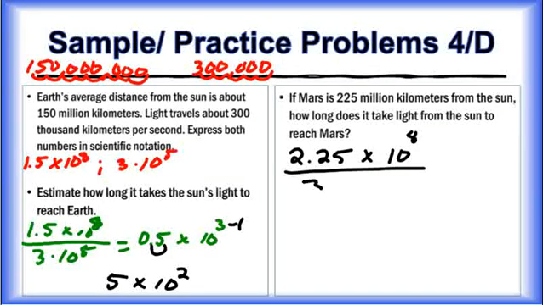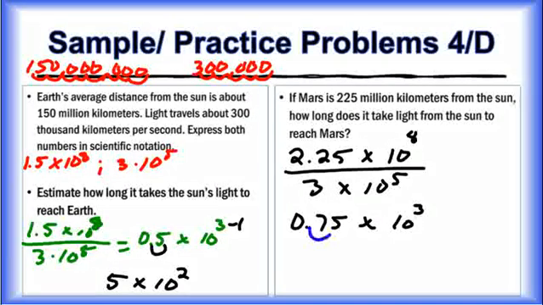We're going to divide that by 3 times 10 to the 5th. So 2.25 divided by 3 gives us 0.75 times 10 to the 3rd. Put in scientific notation. Move it 1 to the right, so we have 7.5 times 10 to the 2nd. So that is our lesson today on scientific notation using multiplication and division.